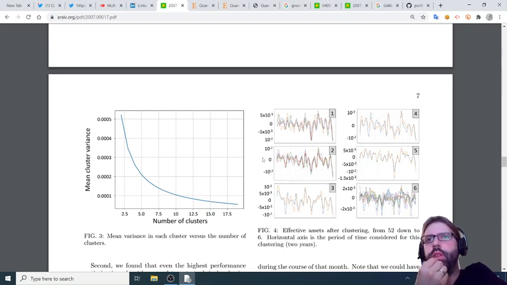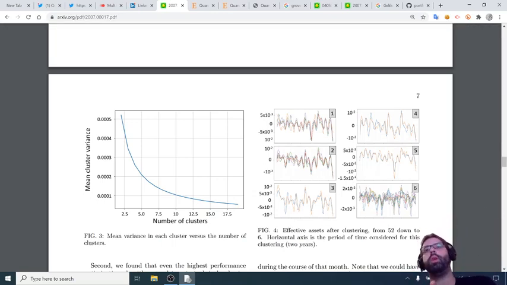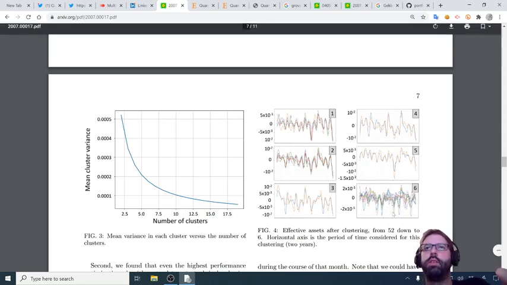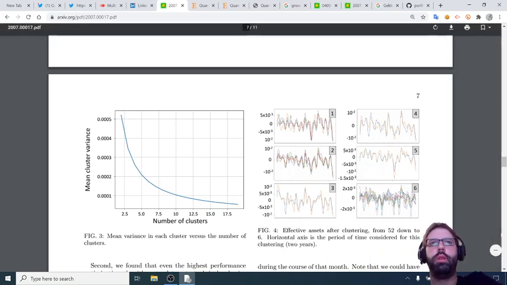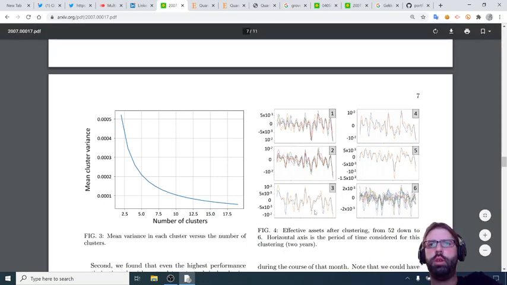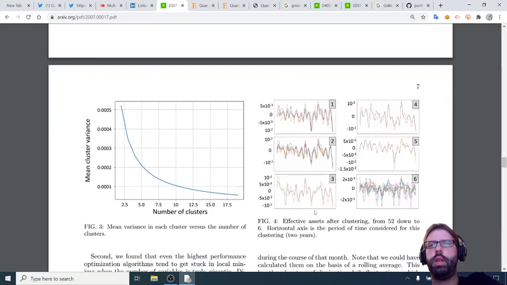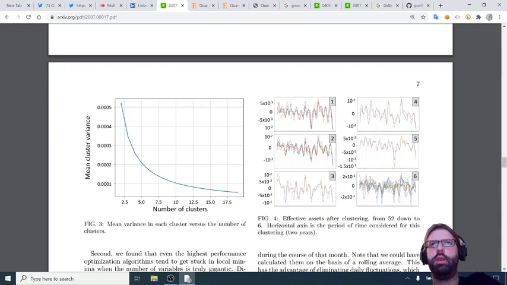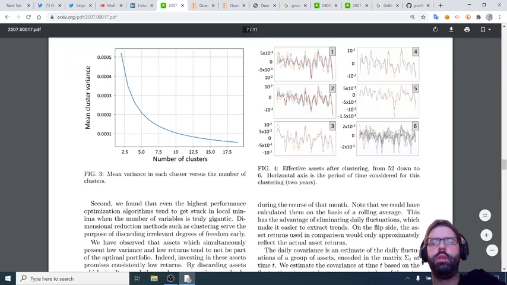Okay, so I guess what the preprocessing is doing is taking the 52 assets and clustering them in 6 buckets, so you have fewer investment options, fewer variables to play with, right? Is that what they're doing? And I guess they cluster them based on the price evolution. Yeah, okay, kind of makes sense.